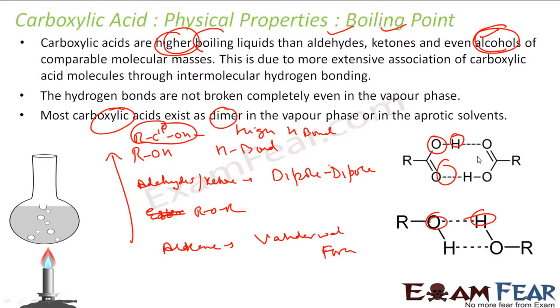And then we have ROR, that is ether, and then we have alkanes. So this is my trend. Please understand, when you are given 4 or 5 compounds with comparable molecular mass, carboxylic acid will have the highest boiling point because the extent of hydrogen bonding is very high. Then will be the alcohol, then the aldehyde and ketone, then ethers, and then alkanes.